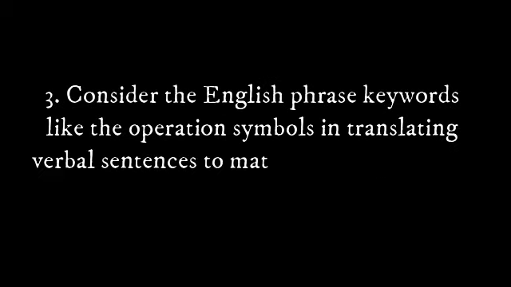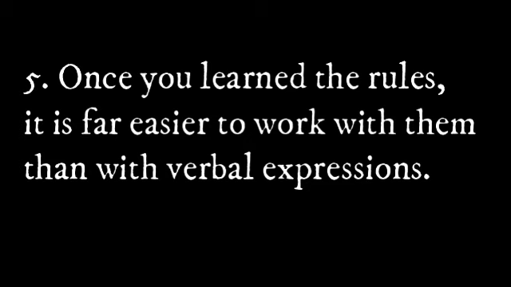For number 3, you must consider the English phrases, keywords, like the operation symbols in translating verbal sentences to mathematical sentences. And for the last question, the answer is, it is important because once you learn the rules for working with algebraic expressions, it is far easier to work with them than with verbal expressions.